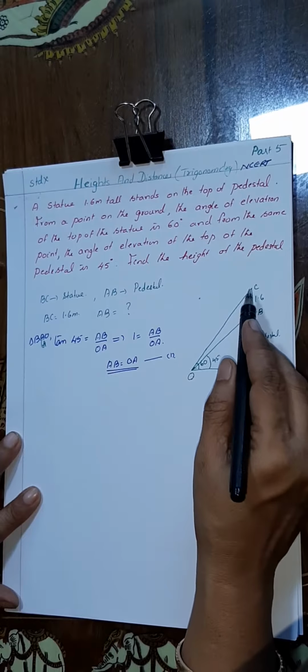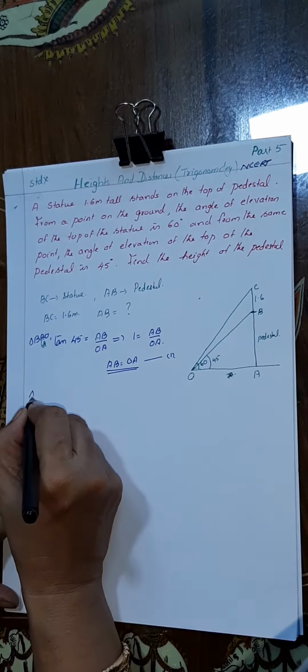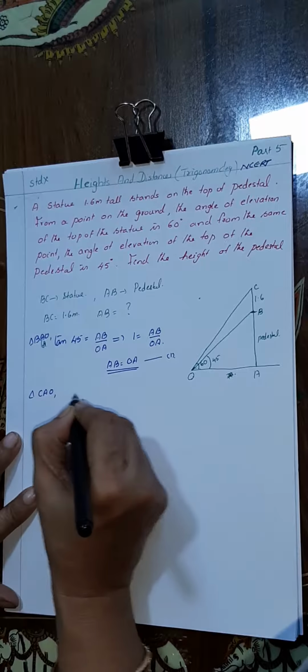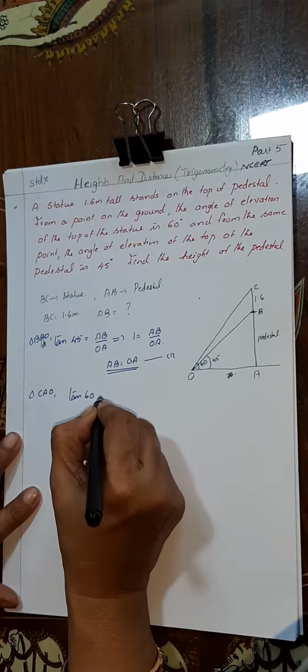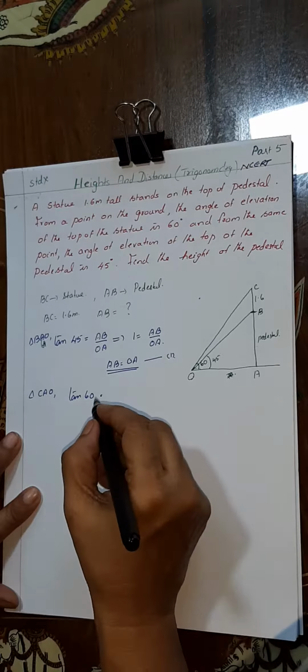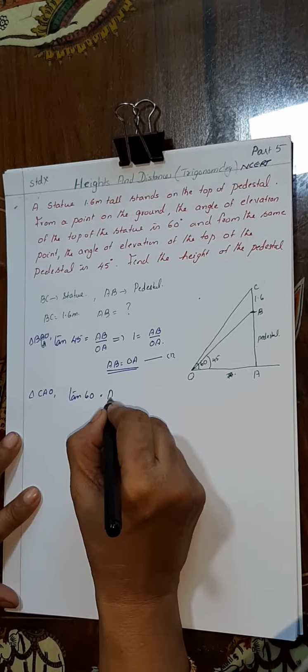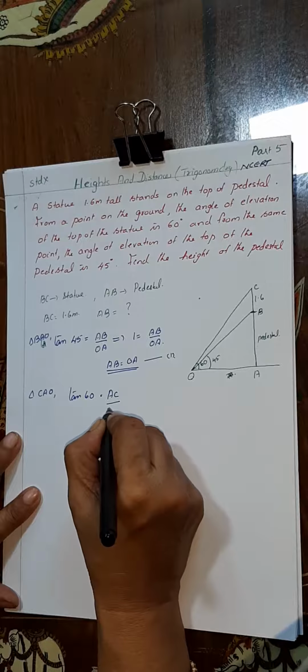Now in triangle CAO, tan 60 is equal to AC by AO.